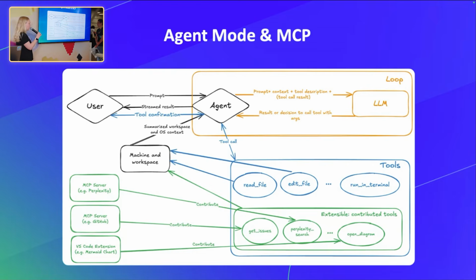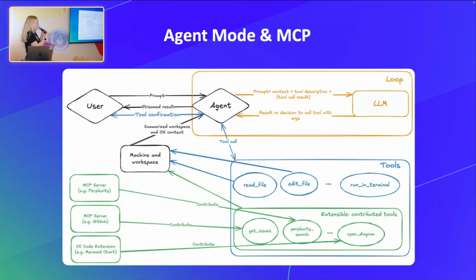You can use them as they are now, but you can also contribute a tool, and then agent Copilot will call your tool, and then go through this inner loop of deciding what information it needs, and then after that we'll return the information to the user, and obviously don't forget about tool confirmation, just to make sure you want to do exactly what the tool is asking you to do.